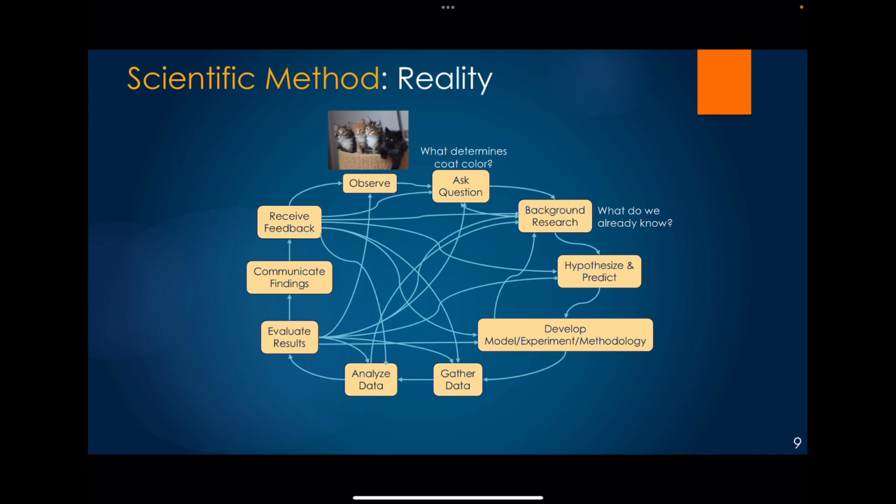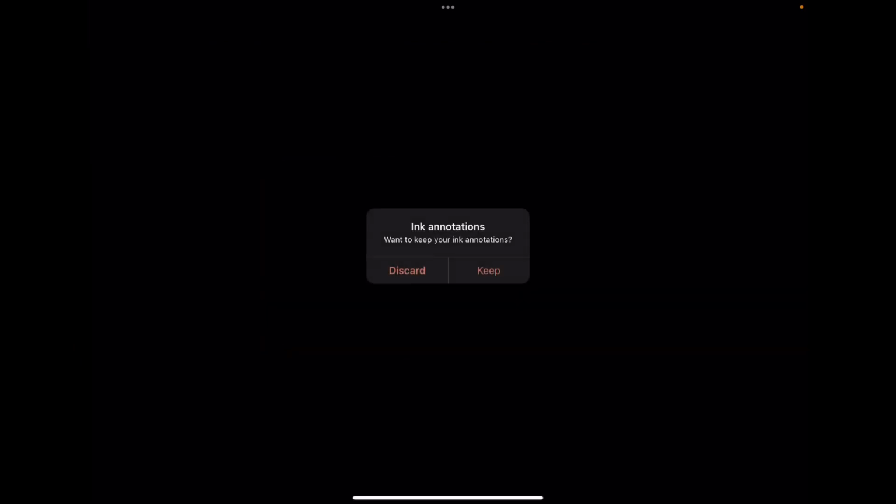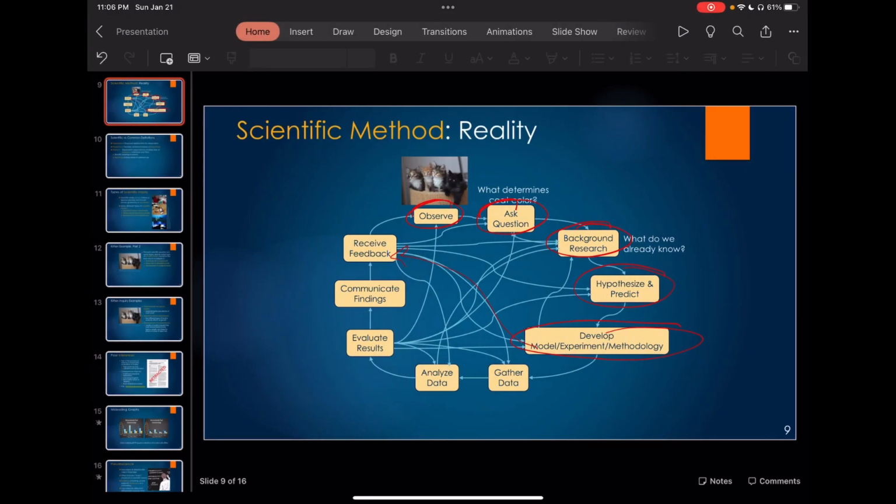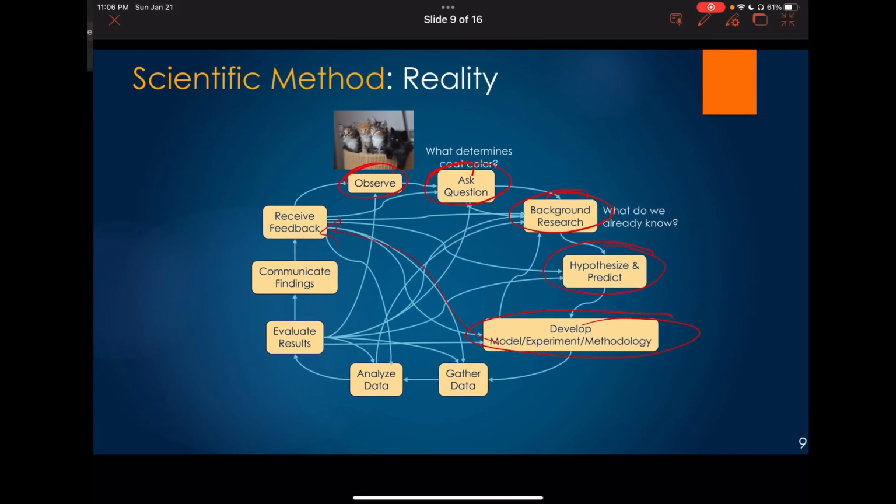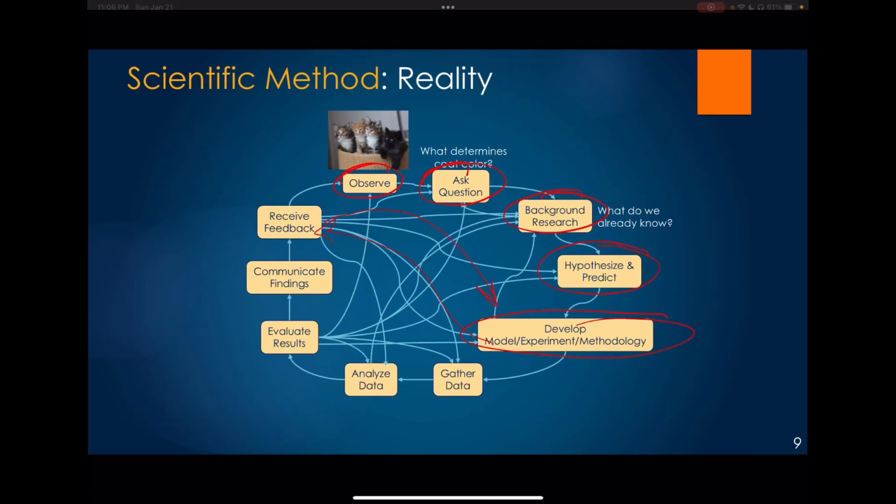So I can do observation, ask a question, do my research, maybe do my experiment, but I can ask for feedback, right? Maybe there's a cat pro out there and I ask, how can I figure out how my cat is peeing on the carpet? And then I can go back, oops, sorry, go back to the PowerPoint and redesign it.